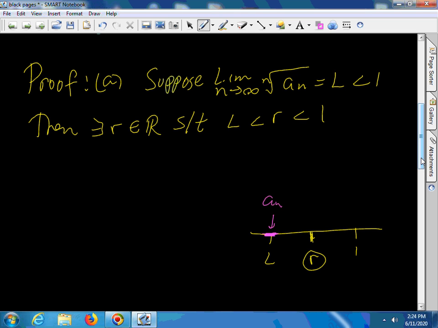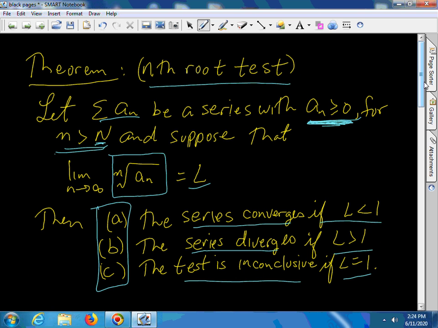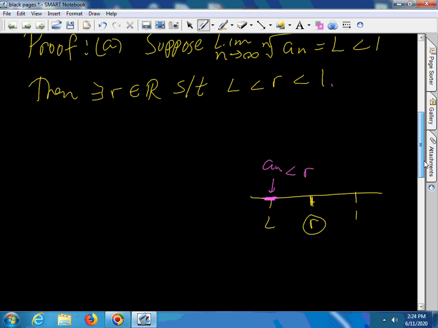When n, little n, is large enough, they'll all be less than R. If we let little n be fairly small, it is reasonable that some of the terms might equal R or be bigger than R, but not if the subscripts are large enough. Now remember, we're only talking about when the subscripts are bigger than capital N.